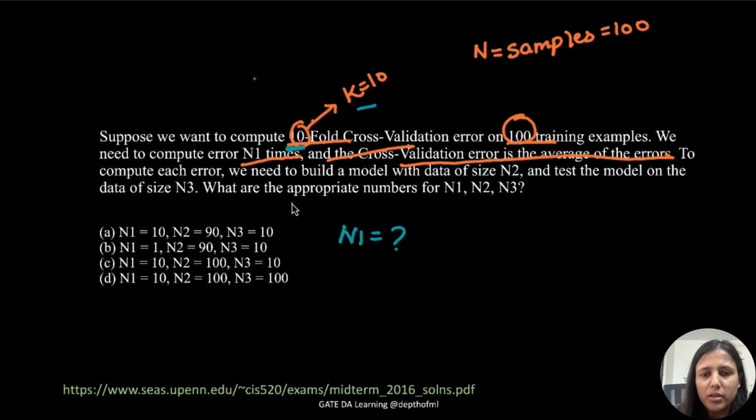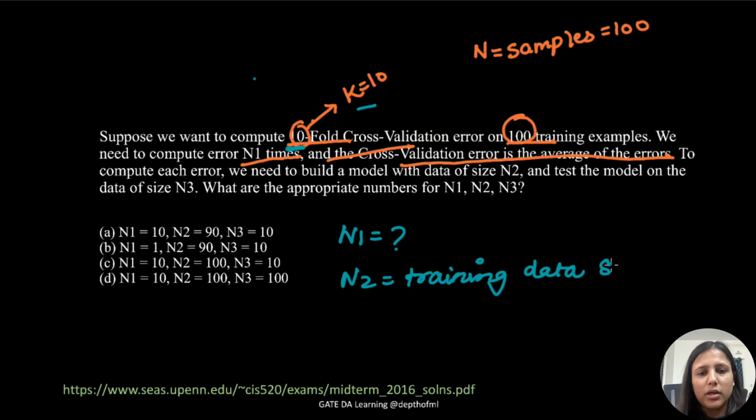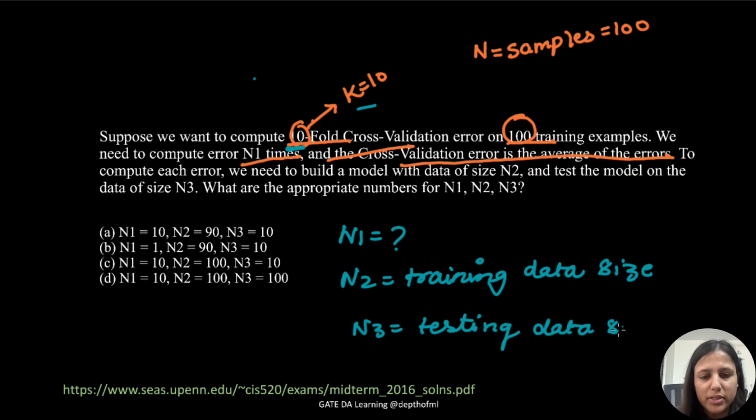So n2 is the training data size, with which every model is being trained, and then we test the model on a data size of n3. So n3 is our testing data size. Now that we have gone through all of these three, let's try to answer them here.